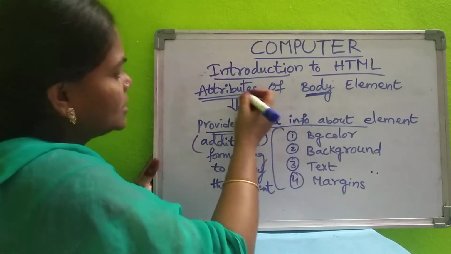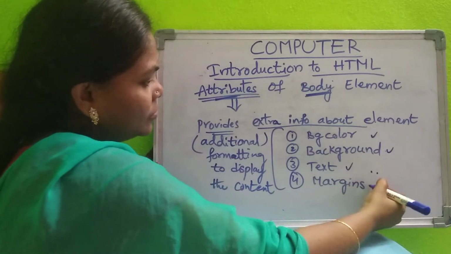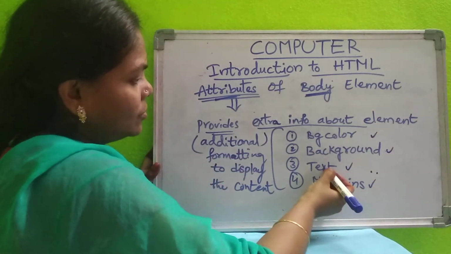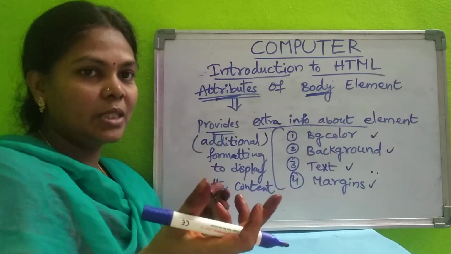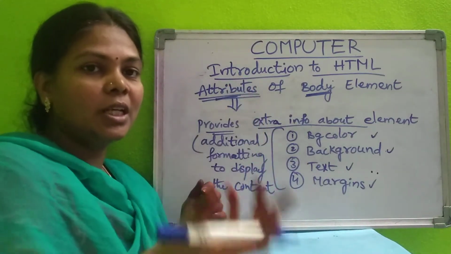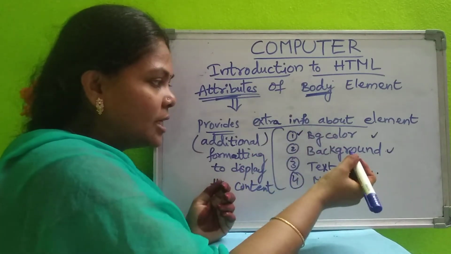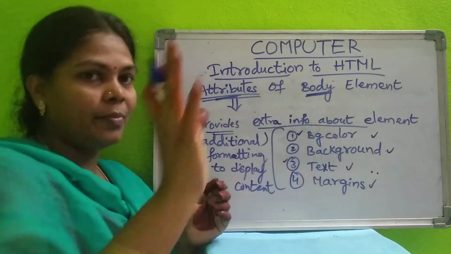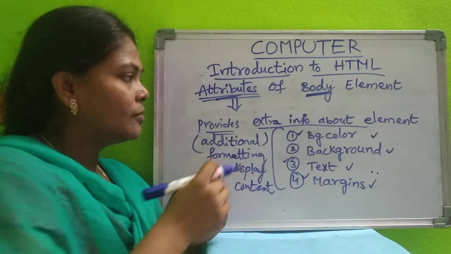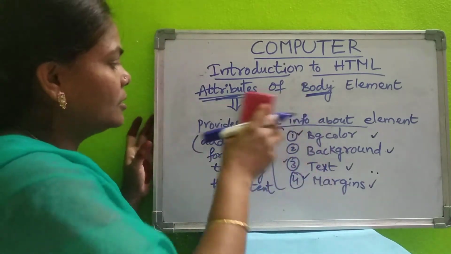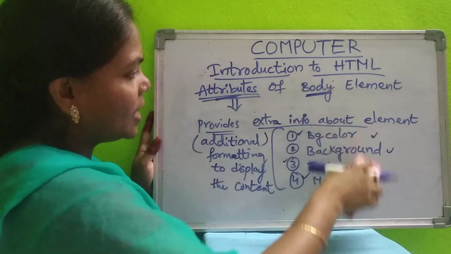Using these attributes we can improve our presentation. However you want to present the information in the web page, using these attributes you can increase the appearance by giving different background colors or foreground color, or keeping pictures in the background and giving margins. Now we will learn about these four attributes.